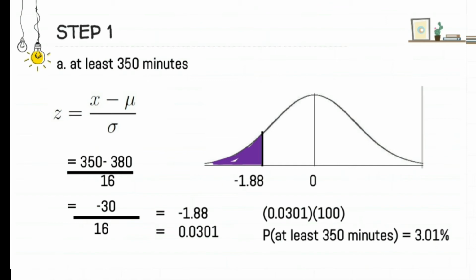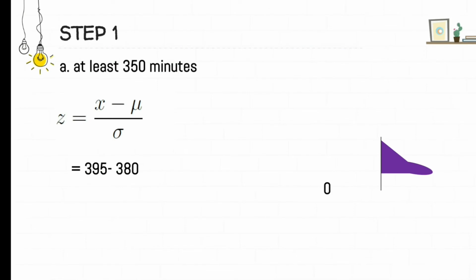And now for our letter B. Sorry for this typographical error. It is at most 395 minutes. Again, we're going to use our formula, which is z is equal to score, which is x minus mean all over standard deviation.